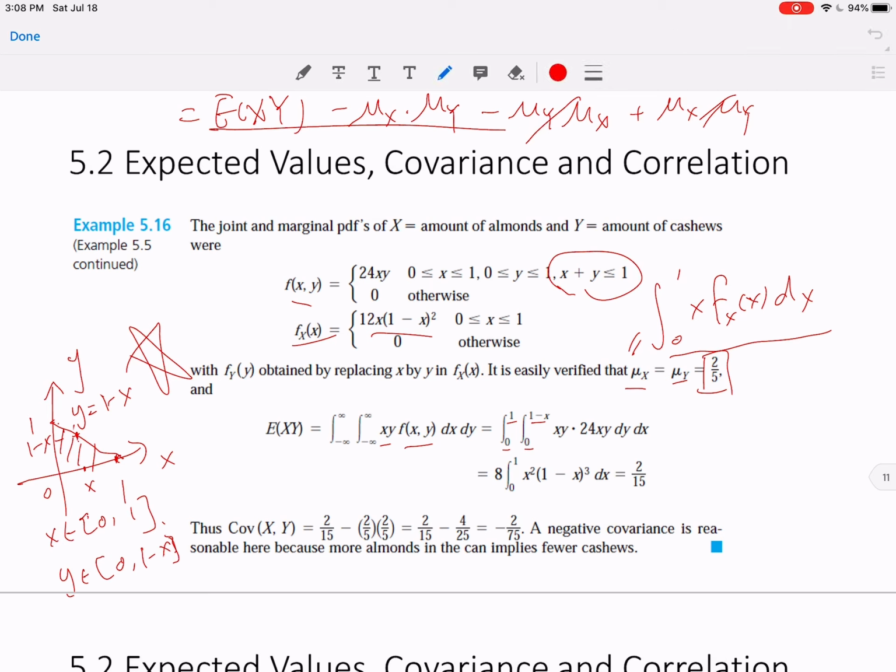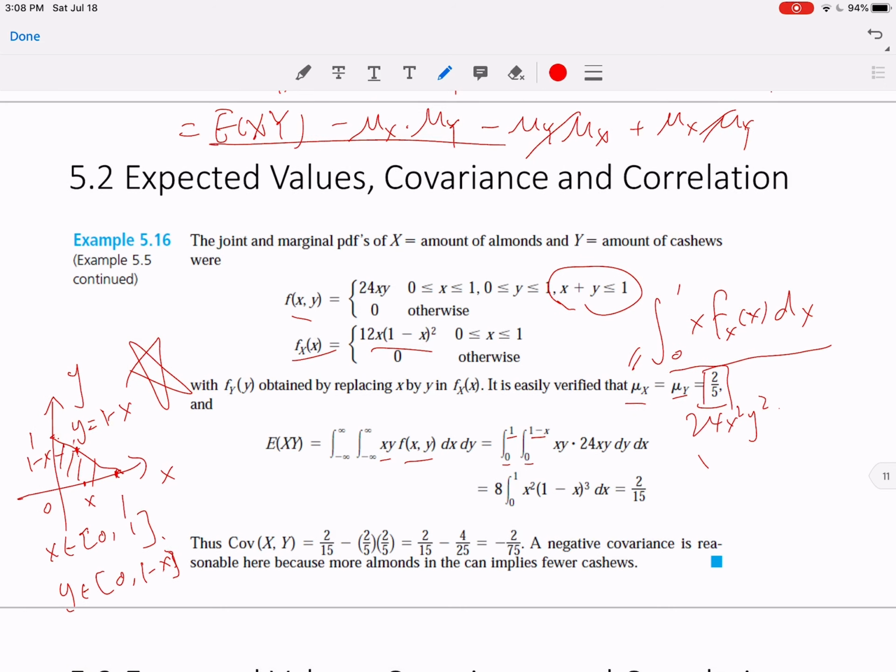So what we need to do is combine like terms. We're going to have 24x squared and 24x squared y squared. Then we do the integration with respect to y first.